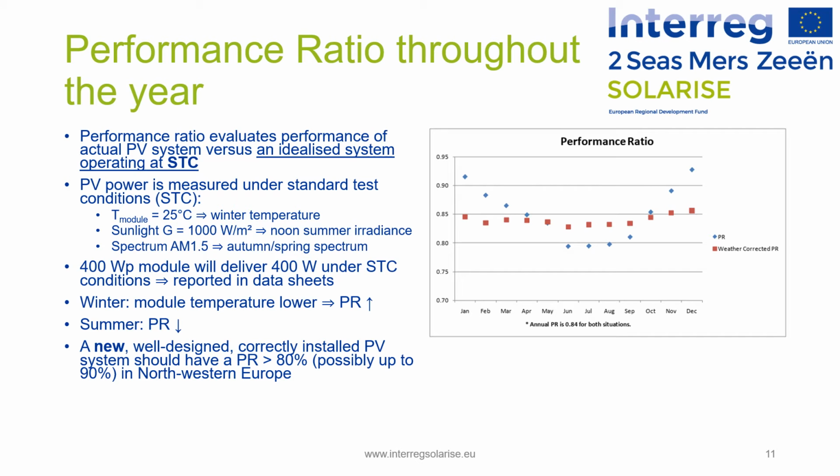For Europe, a new and well-designed and correctly installed PV system should have a performance ratio greater than 80%, possibly up to 90%. And as you see in the source, corrections to the performance ratio are possible.